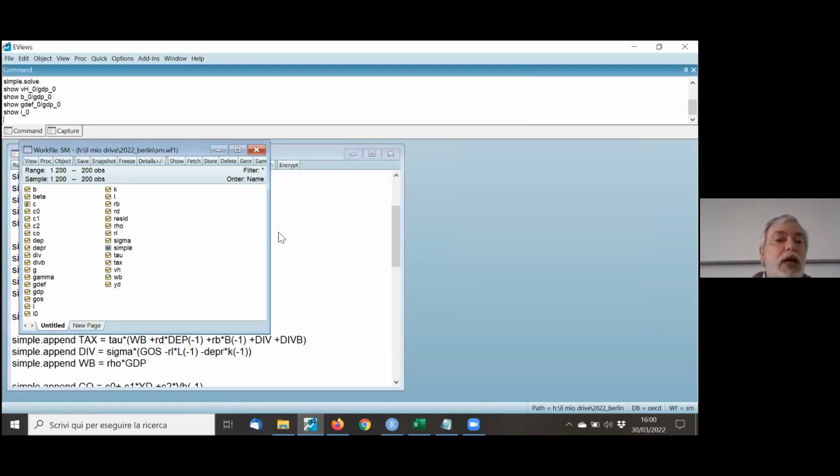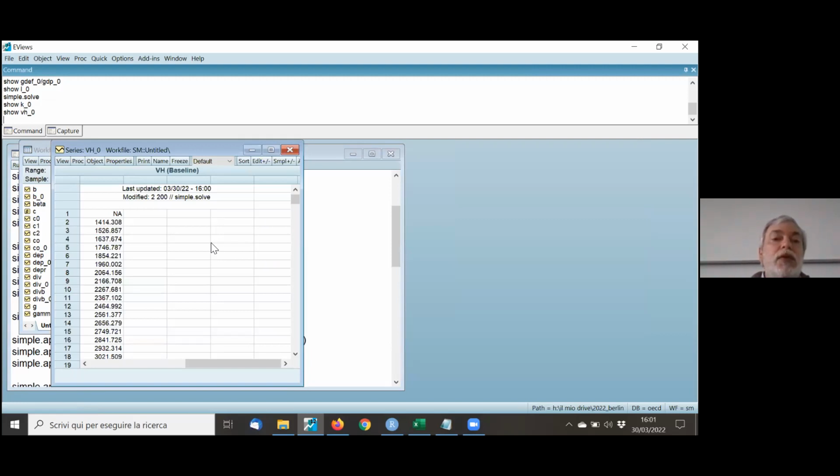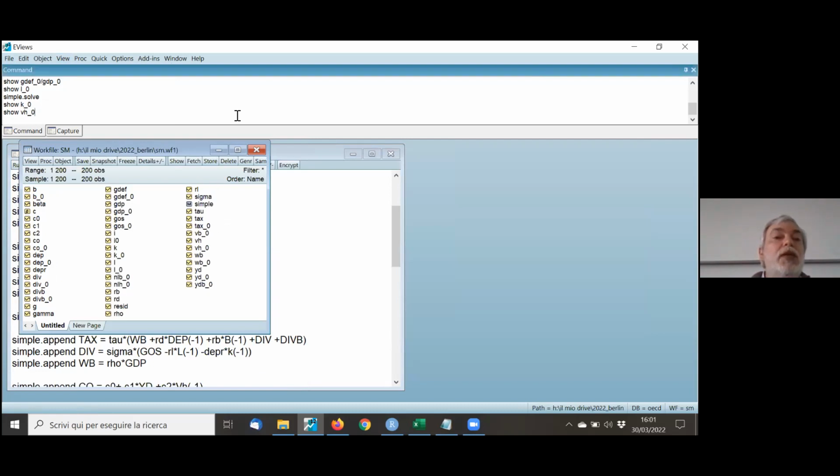So now let's look at K first. K is constant. This is still growing though. So there still is some problem. But this is stabilizing in nominal terms.